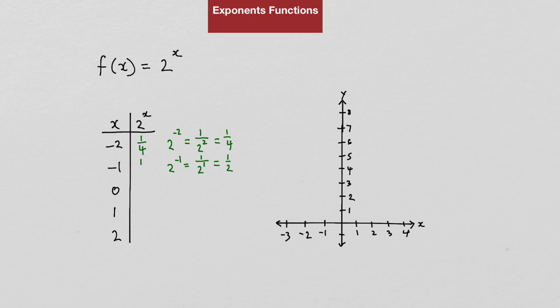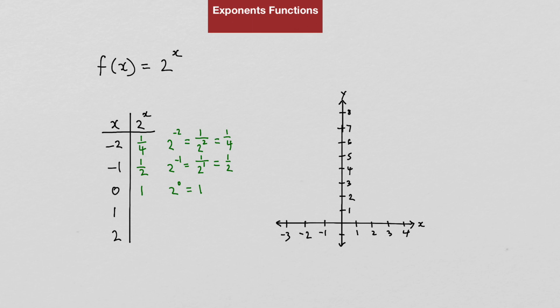Okay, so we're going to put 1/2 over here, and then continuing on, we're going to take the 0 and add that into the function for x, and what we get is 2 to the 0 power. And if you recall, anything to the 0 power is going to be 1. Okay, so we're going to add 1 into this column next to the 0.